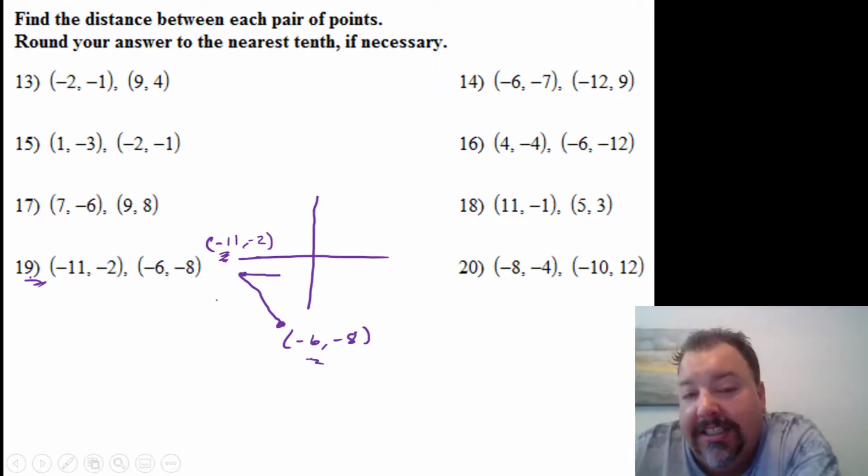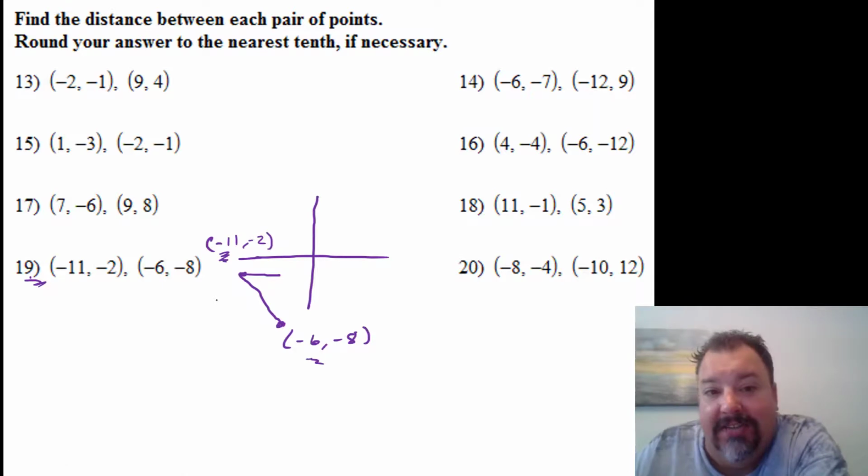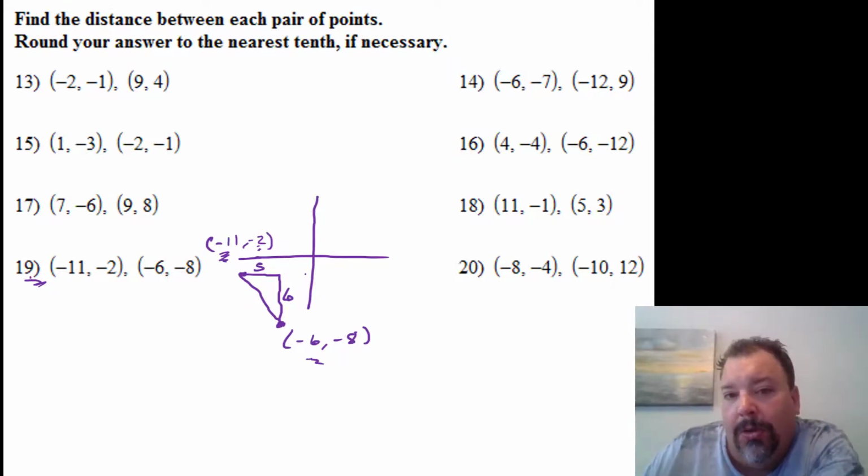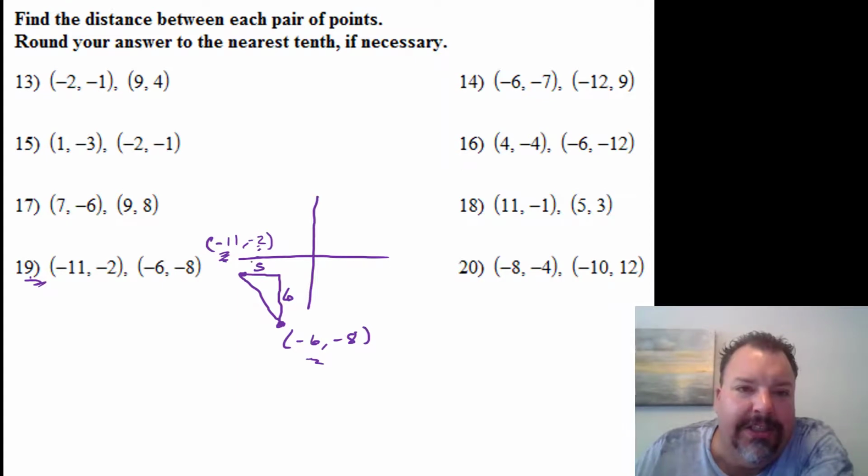How many spots is it going to move if I go from -11 to -6? Well, you should see that they are 5 away, so that's going to be a distance of 5. And then how far down is that going to have to go? Well, it's going down from -2 to -8. So to go from -2 to -8, how far down did it go? It went 6. So that's one way you can do it. Without drawing the whole graph, you can still make a little picture like this.